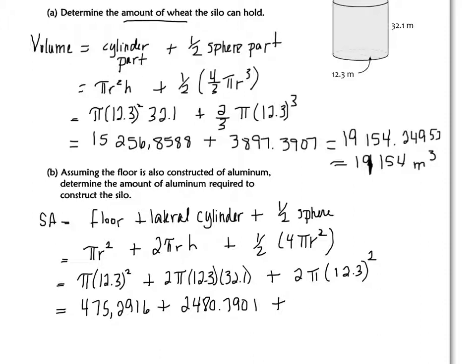Then 12.3 squared times pi times 2 is 950.5831.